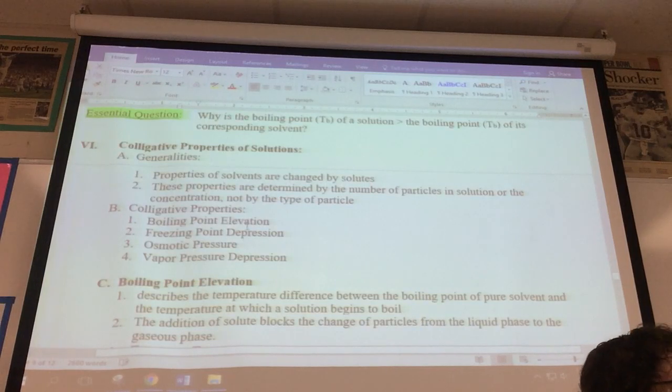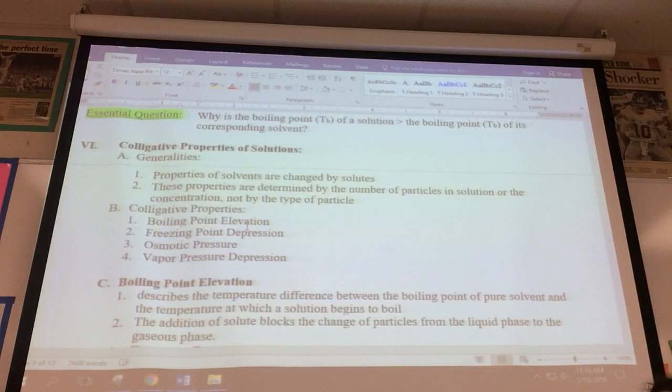So we're going to pick up here in our notes, and what we're really going to be looking at today is why the boiling point of a solution is greater than the boiling point of its corresponding solvent.